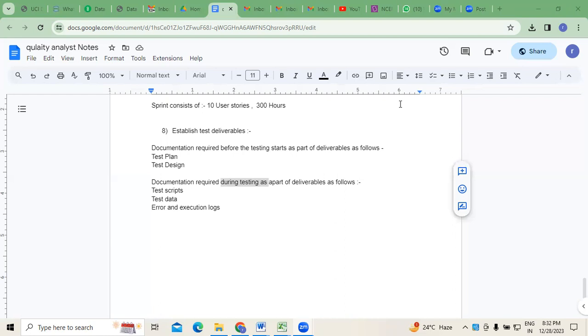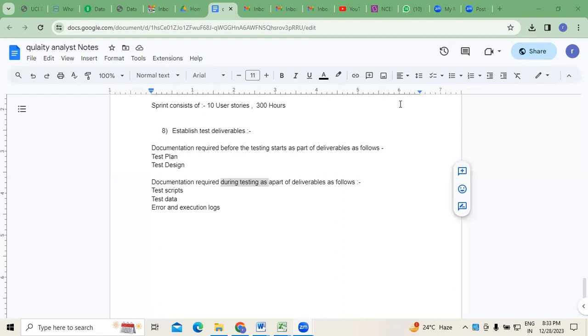So whenever we want to establish the test deliverables during testing, it is always important for us to have a document relating to the test scripting part. At the same time, we must know what sort of data we are updating in the records, because data is one of the core elements we have to focus on.